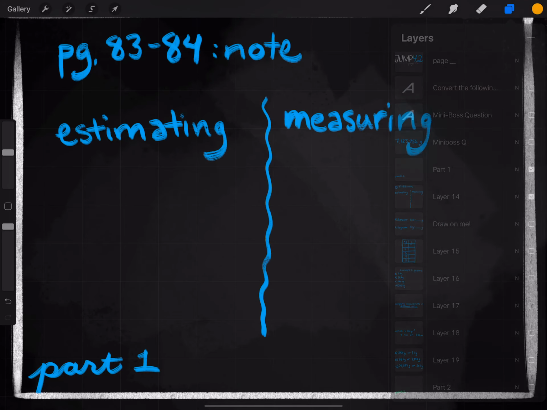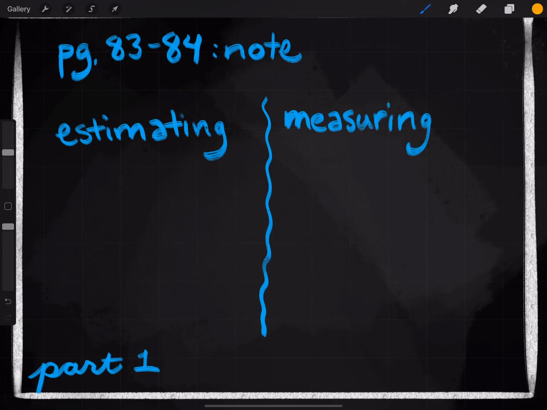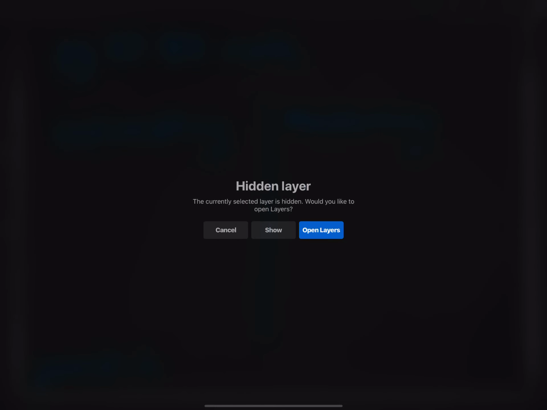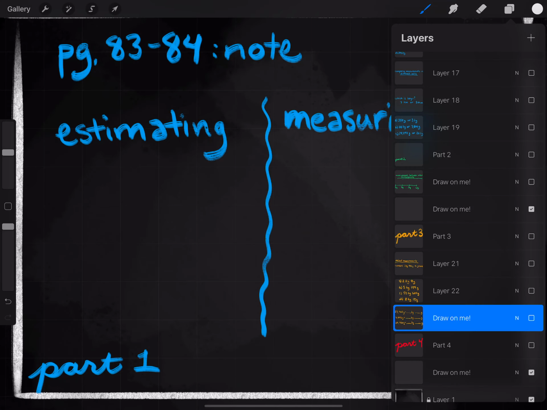Okay. A quick note before I do page 85 lesson, actually. Good thing I reminded myself here. On page 83 to 84, there are some questions where they have you estimate how much you think something weighs.